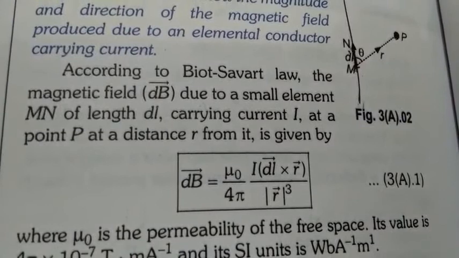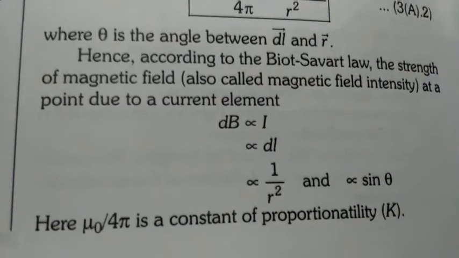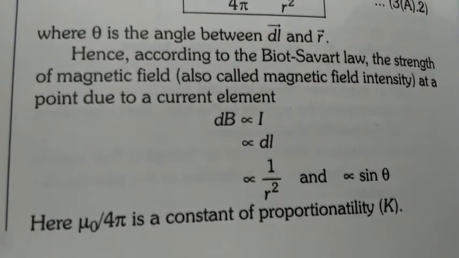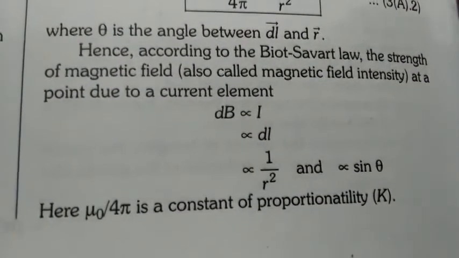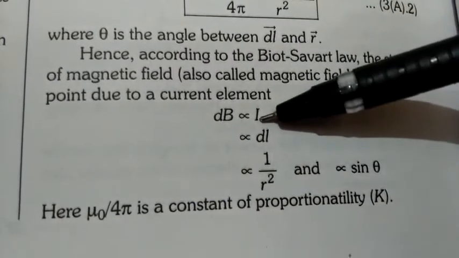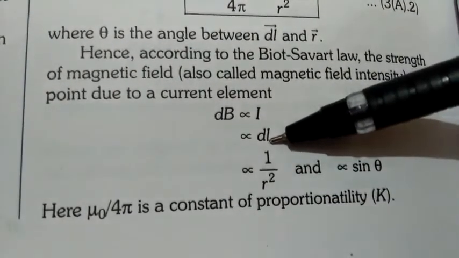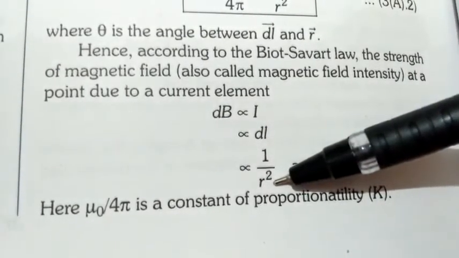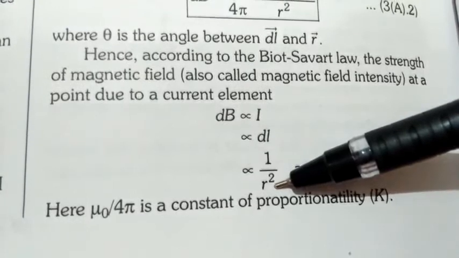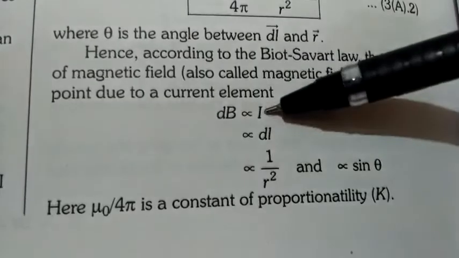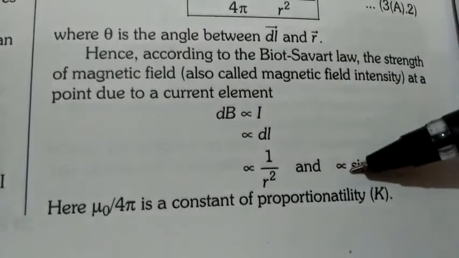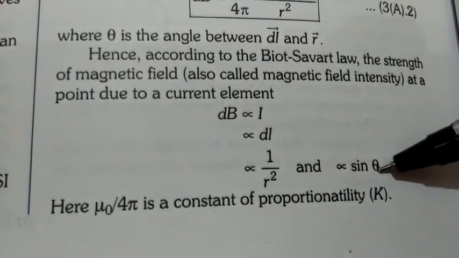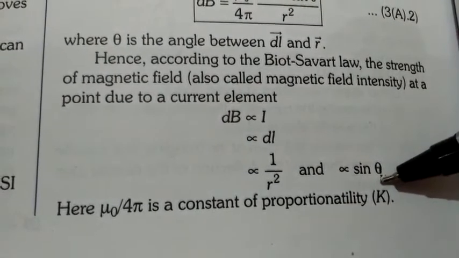Let's first discuss how this formula came. According to Biot-Savart law, because of any current element, the magnetic field is directly proportional to the amount of current, directly proportional to the length of the conductor, and inversely proportional to the square of distance between the conductor and the point. Okay, and also it is directly proportional to sine theta, where theta is the angle between the current element and distance.